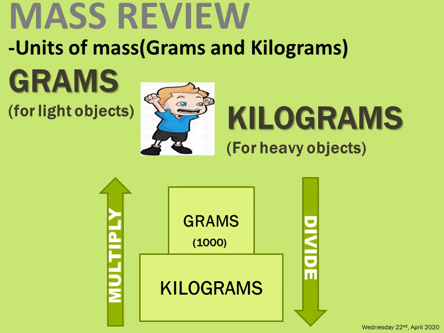And when we want to change from gram to kilogram, what do we do? Look at the arrow pointing from gram to kilogram, we divide. That's small to big, we divide. And don't forget, you multiply by 1000, divide also by 1000, depending on what you're doing. If you want to change from gram to kilogram, you have to divide by 1000. If you're changing from kilogram to gram, you have to multiply also by 1000.